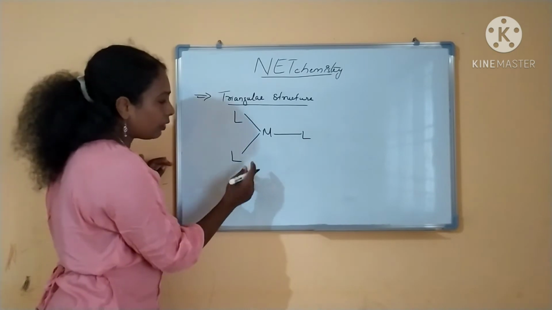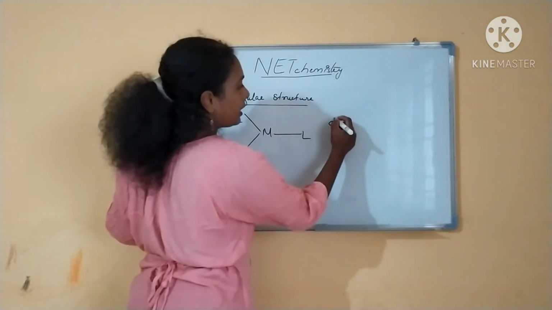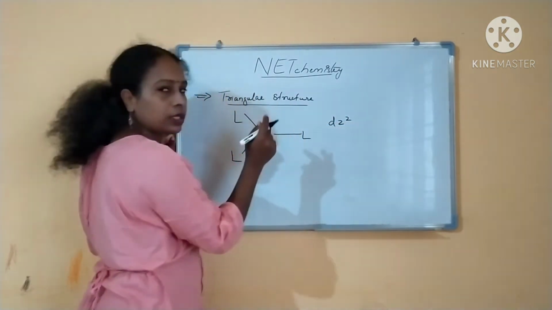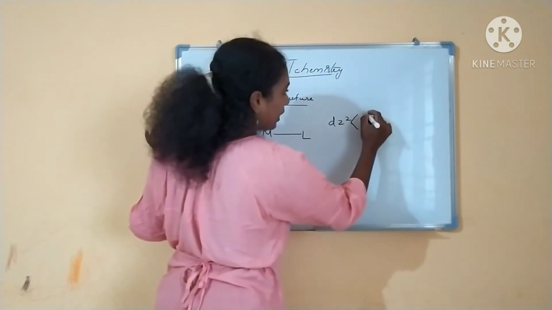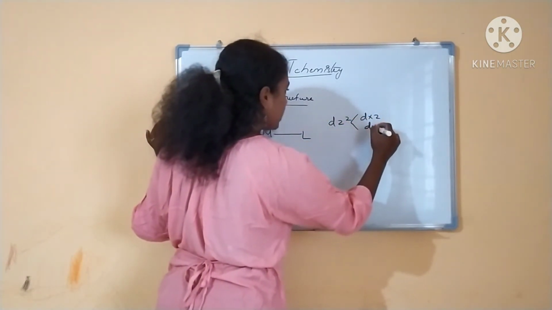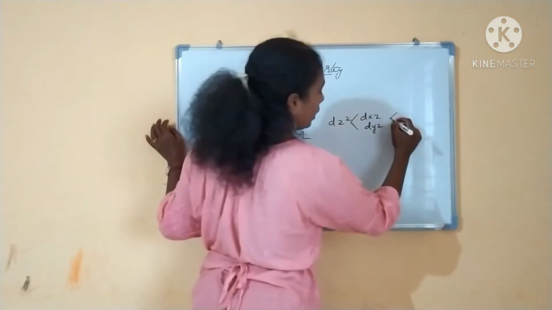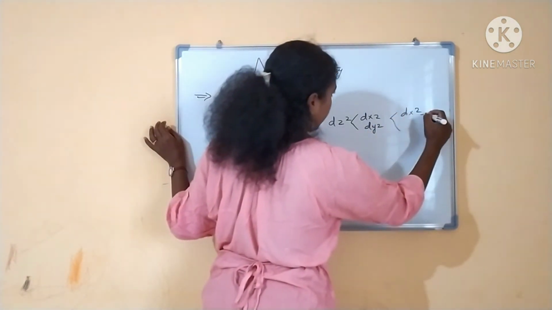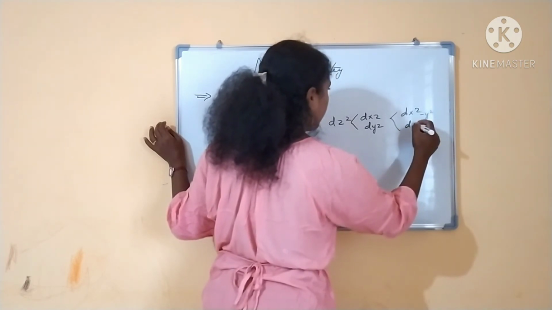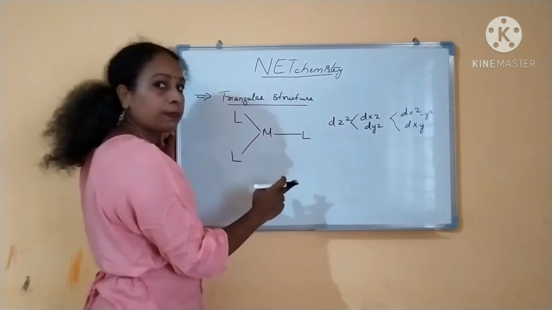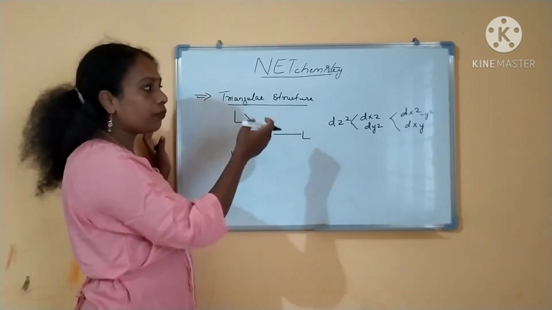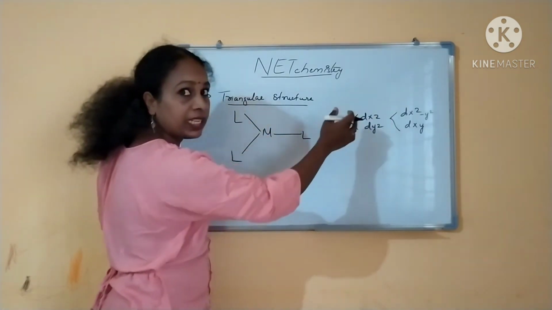So what are the splittings? Z orbitals will experience a very lesser splitting, then dxz, dyz, since there are no ligands on the Z axis, then dx square minus y square and dxy, right? This is the expected d orbital splitting, but experimentally there is a slight deviation.